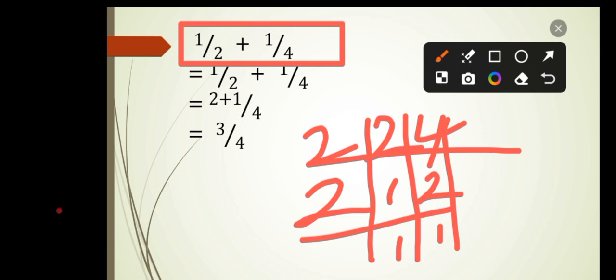So what do we have now? We have 2 times 2 will give you 4. That is how we have 4 as the LCM.